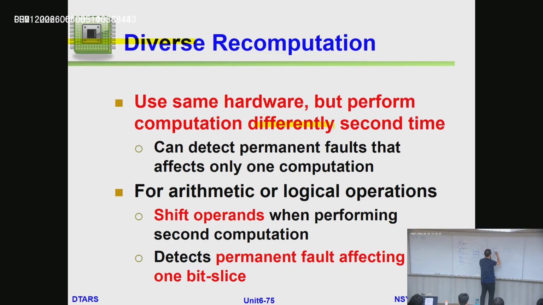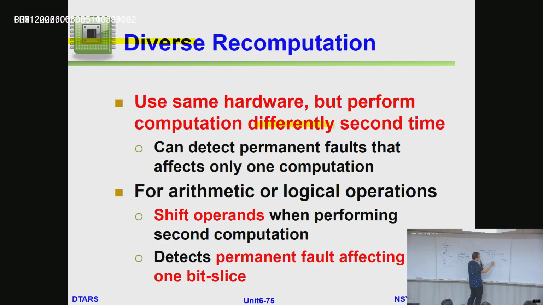Let's assume that this is an adder, and this is the zeroth bit adder. For this zeroth bit adder, you will calculate the sum and carry out. Usually, when we use this adder, we put A0, B0 here, and for the first bit, A1, B1.